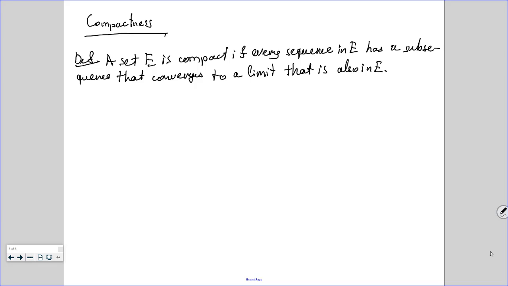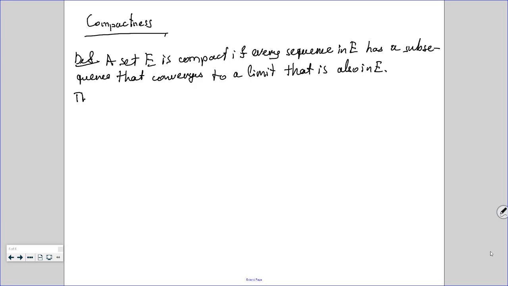There are different definitions of compactness using the covering property, but in our context we will not go there. Remember that there are also other definitions, and there is a theorem which says that they are equivalent.